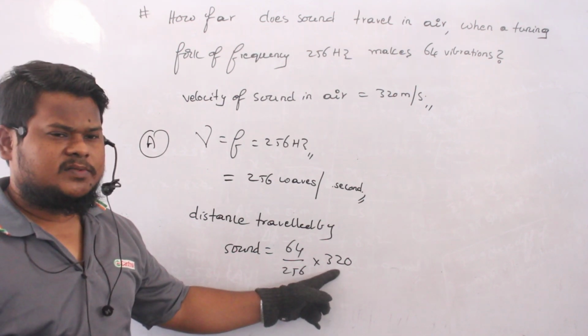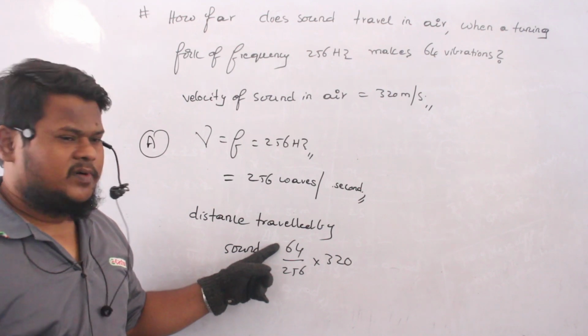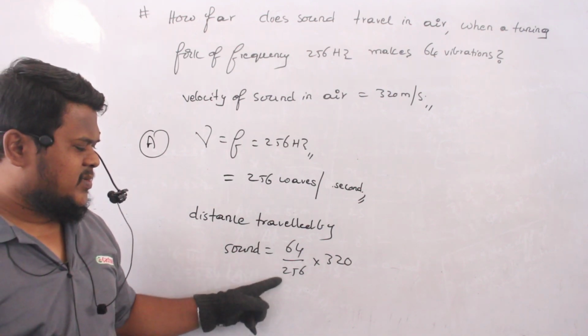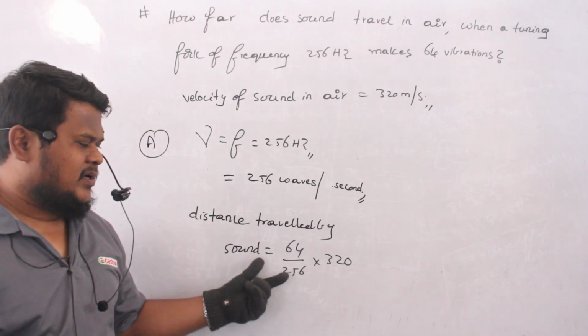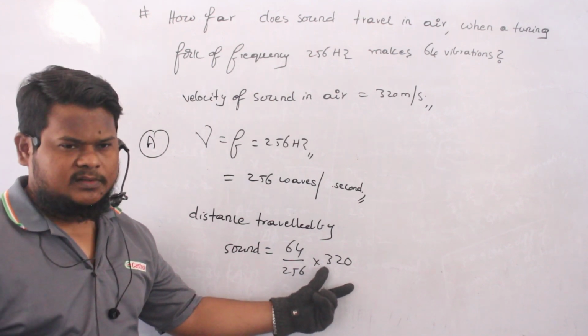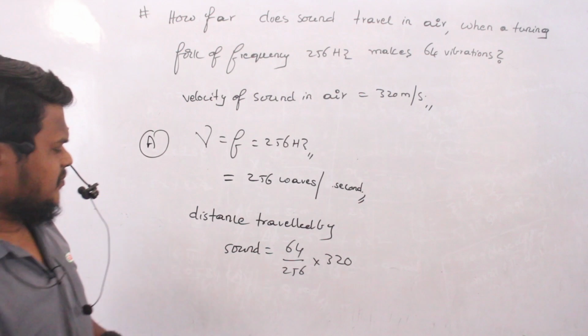I can take the fraction of vibrations multiplied by the total distance that sound can travel in 1 second. So therefore, 64 divided by 256. What will I get? I will get fractional waves. Fraction multiplied by the distance it can travel, I will get fractional distance.